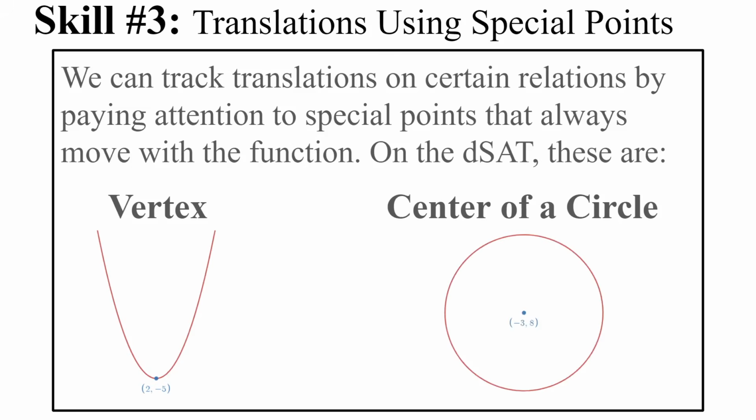So both of these points move as the function or relation moves. So if you look at the original vertex and the final vertex, or the original center and the final center, you can figure out what the function or relation translation was.